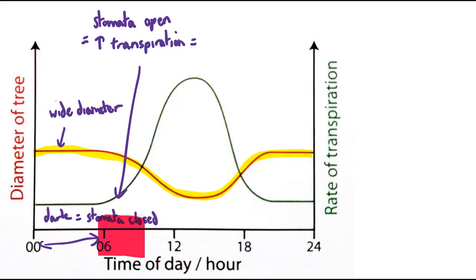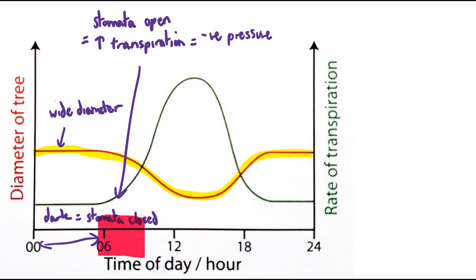So there is negative pressure created, and that negative pressure pulls the water up through the xylem, but it also pulls in the sides of the xylem vessel. Now, luckily for the xylem, it contains lignin, which helps prevent it collapsing completely, but it still does get squeezed a little bit.